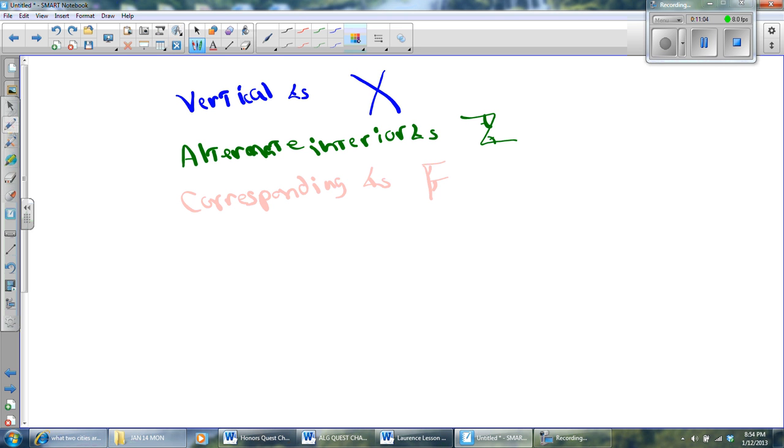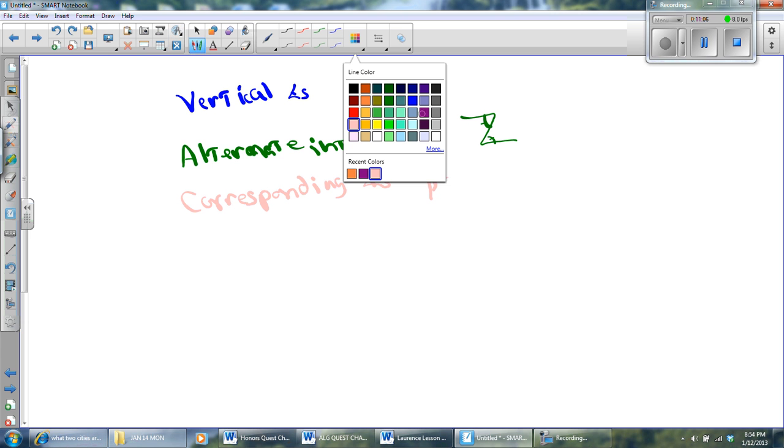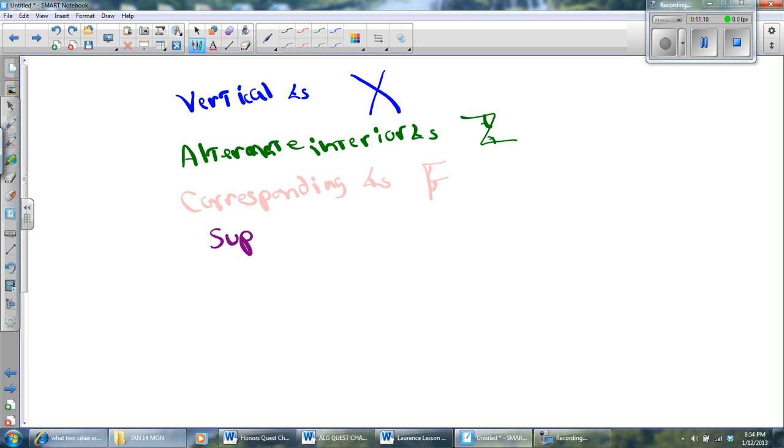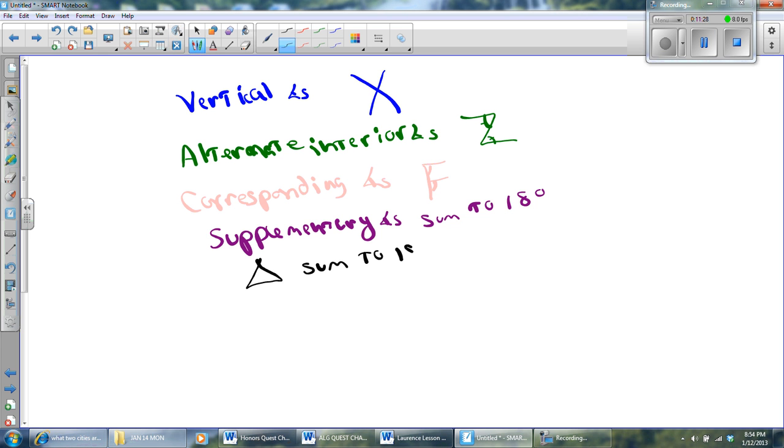Okay, I used supplementary angles, which sum to 180 degrees. I also used triangles, which sum to 180 degrees.